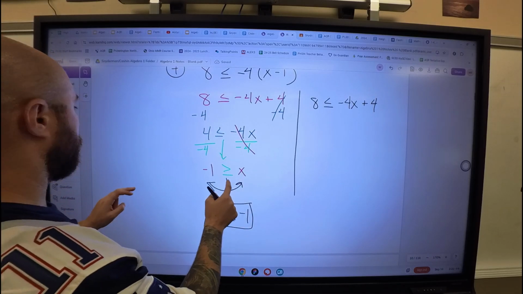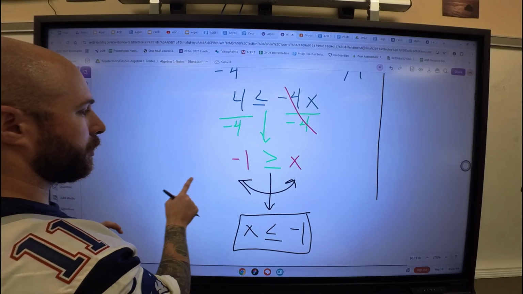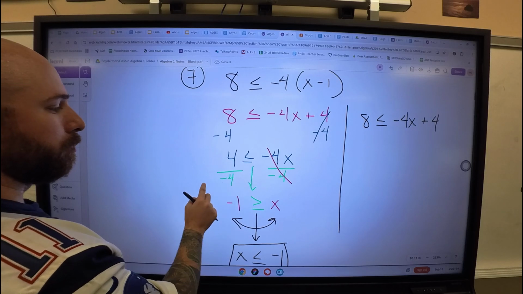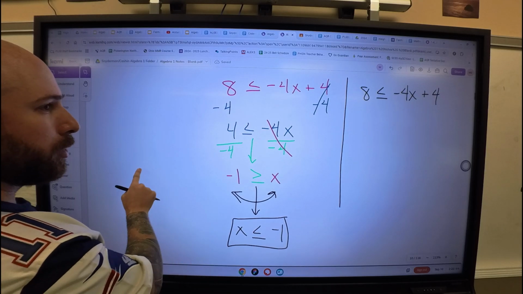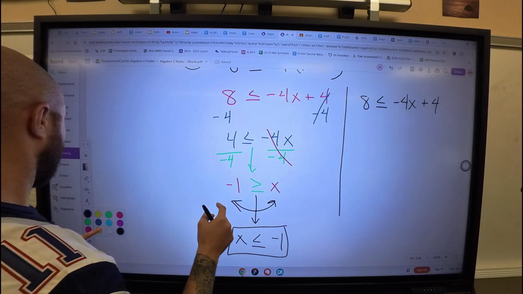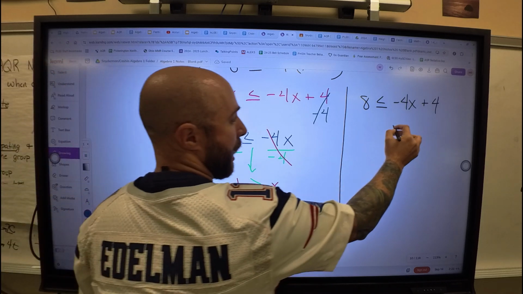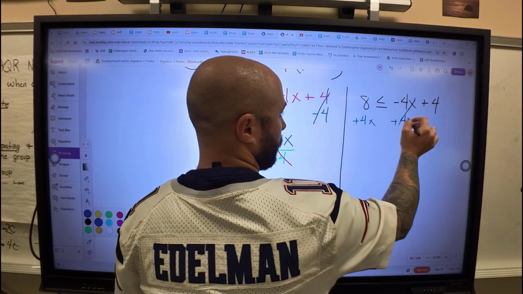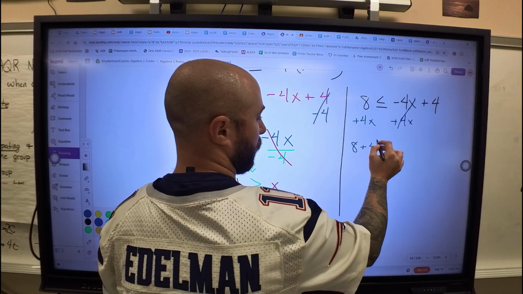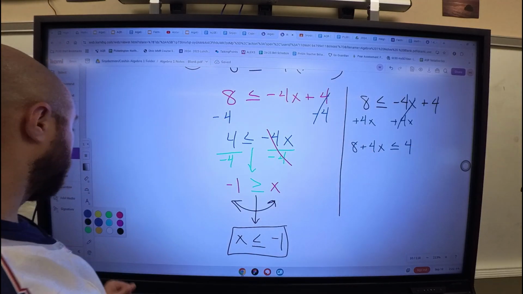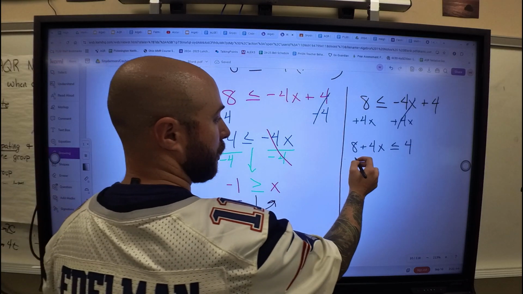The other way that you could do this is you could move your variable to the left at this starting point. So we could add a 4x to both sides to get 8 plus 4x is less than or equal to 4, and then solve our 2-step equation.